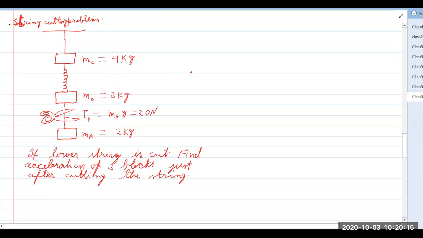That is 5 into 10 meter per second square. So it will be 50 Newton.